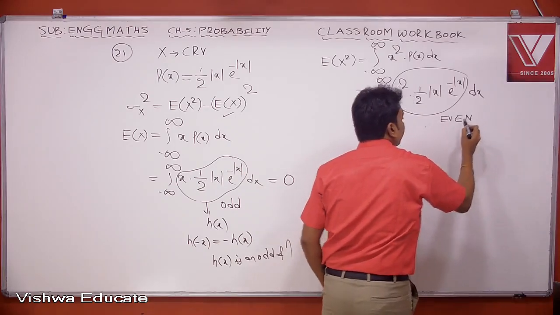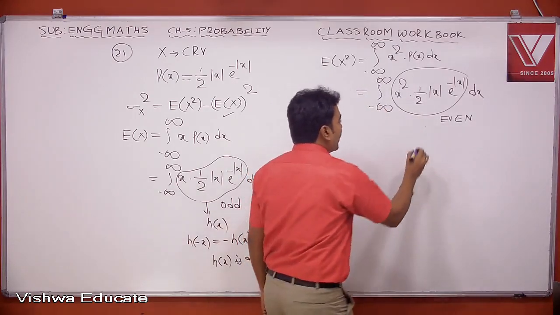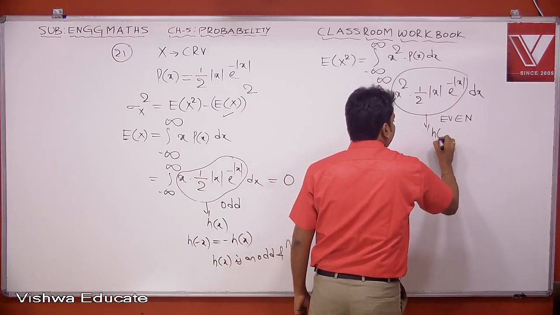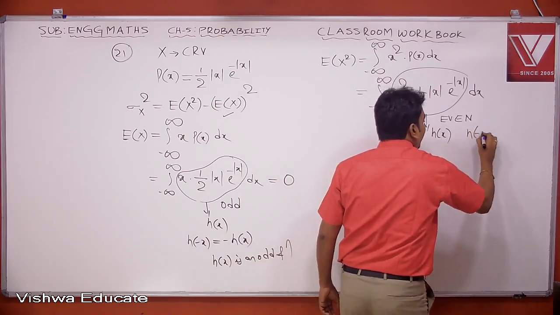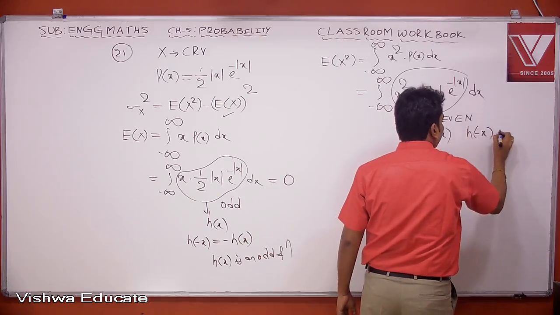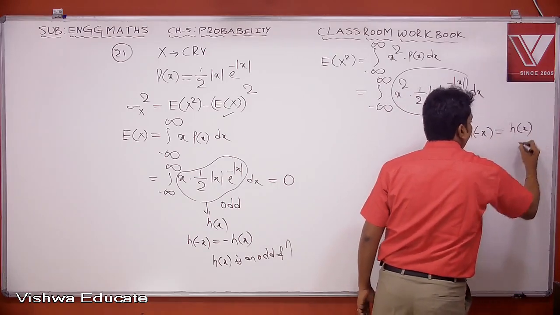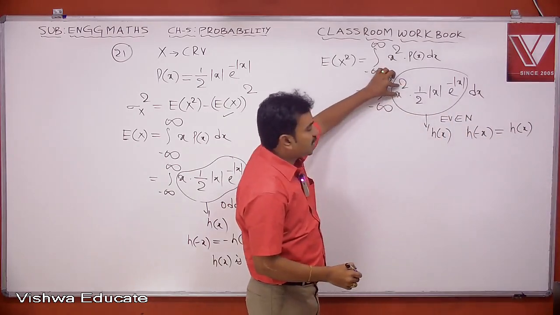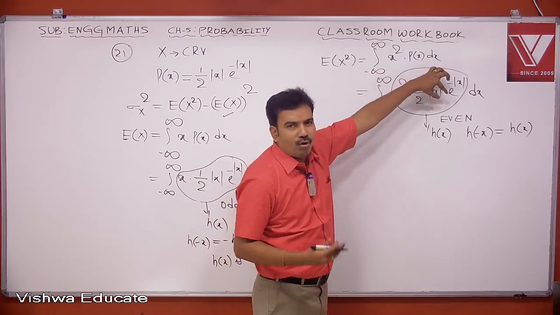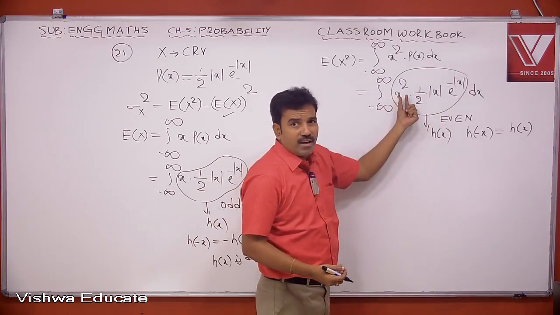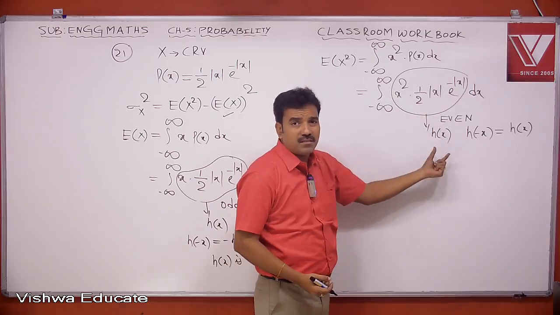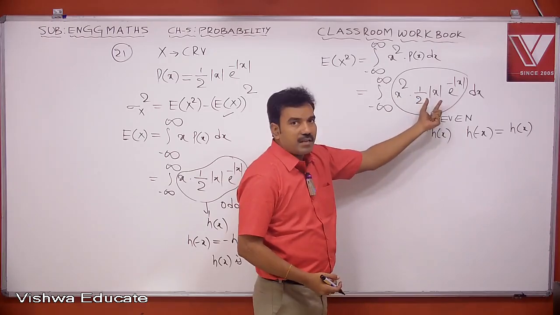Suppose you call it h of x. When you replace x by minus x in the new function, h of minus x becomes h of x, because the even power is there, the modulus is there. Mod x is an even function, x square is an even function, and the product of even functions is an even function. Therefore this is an even function.